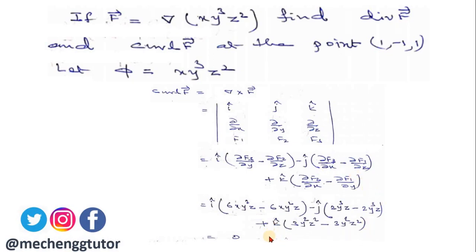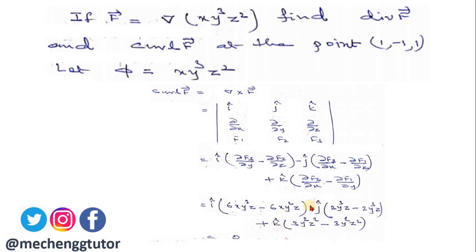Okay, f1, f2, f3 already you have. So f3 with respect to y will give us 6xy square z and f2 with respect to z will give us 6xy square z, minus j into f3 with respect to x, 2y cube z, minus f1 with respect to z will give you 2y cube z.